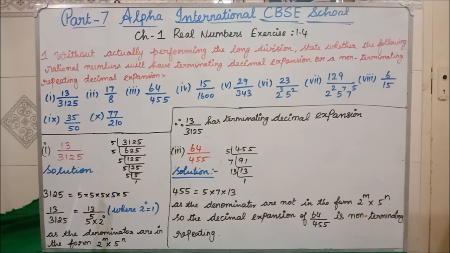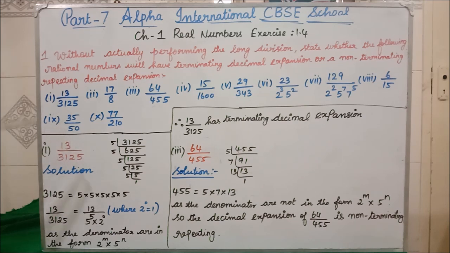What is the first question heading? Without actually performing the long division, state whether the following rational number will have a terminating decimal expansion or a non-terminating repeating decimal expansion. What they are saying is, students, 30 divided by 3125 they have given. They are saying no need to divide actually.